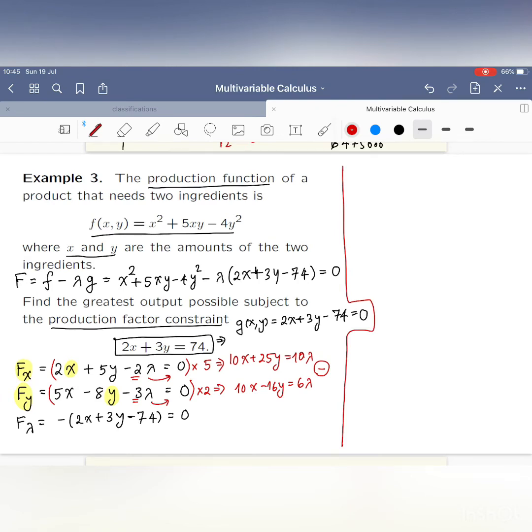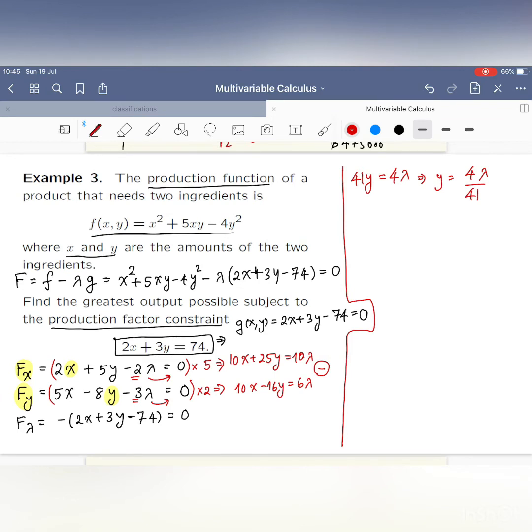Upon subtraction, you have 25y minus 16y, so you have 9y equals 4 lambda. So your y is simply 4 lambda over 41.